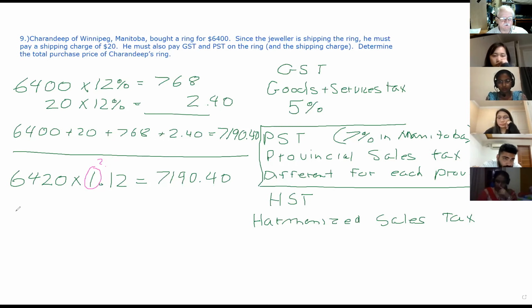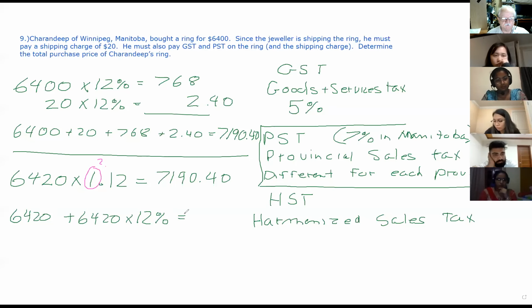Really, what we did was 6,420 plus 6,420 times 12%.